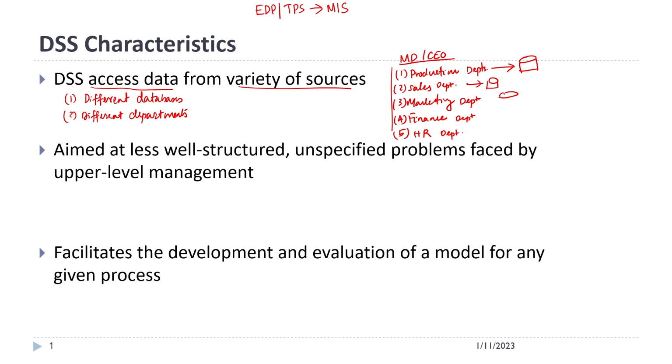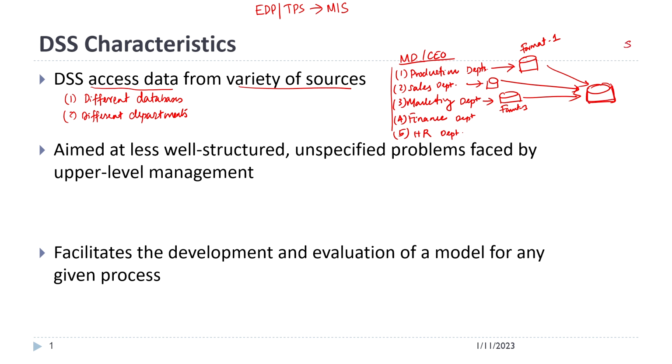And you would pull their data from their own database. This diagram is a representation of the database, and from there you have a system which pulls data from all these databases. The data of the production department will be in one particular format, and this will be in another format. So, you are pulling data from different databases in different formats.